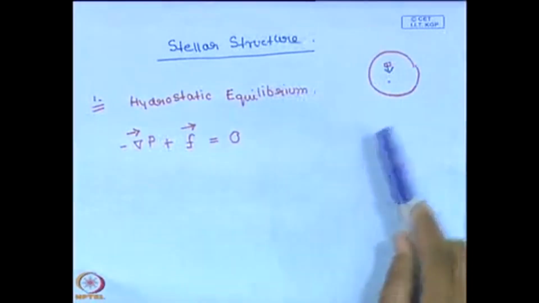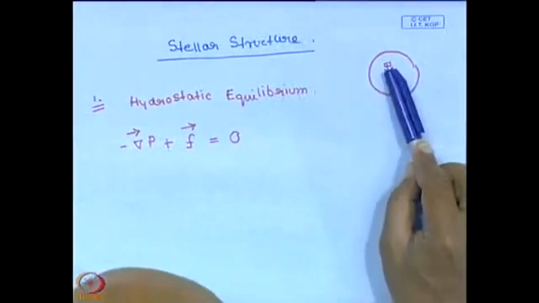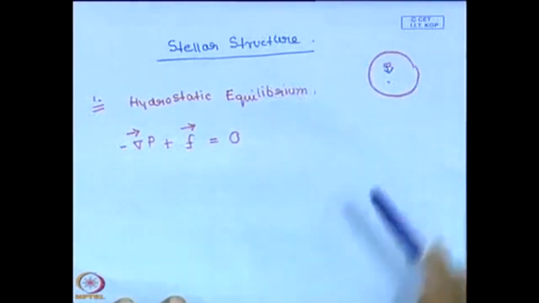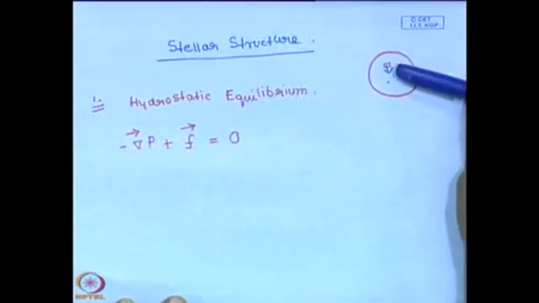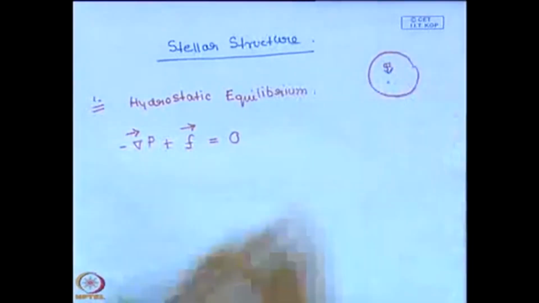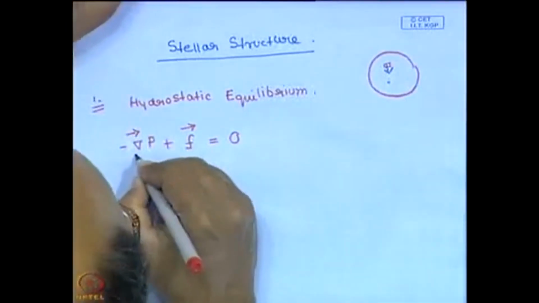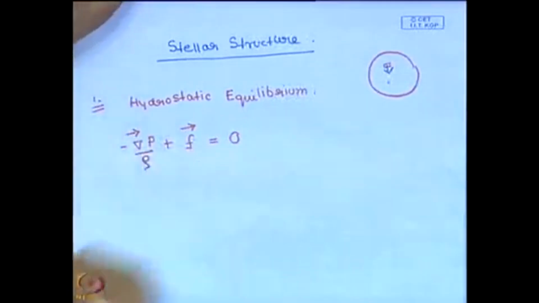So, there has to be a pressure gradient. The pressure inside has to be more and the pressure outside has to be somewhat smaller, and the difference in these pressures is what balances the gravitational attraction. Isn't there a factor of rho here? Right, there is a factor of rho which I have missed out. So, it is 1 by rho, thank you.